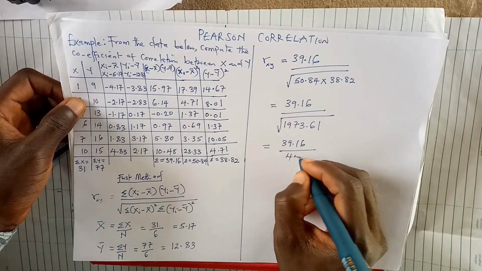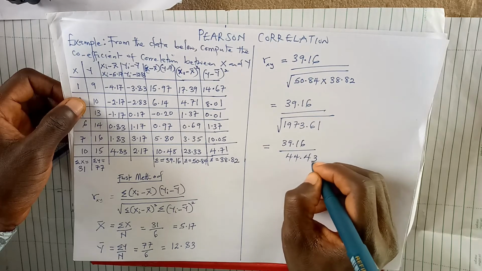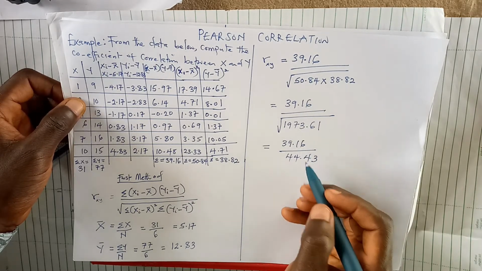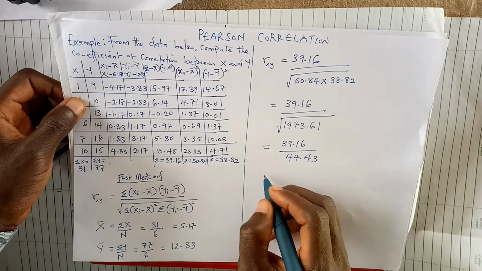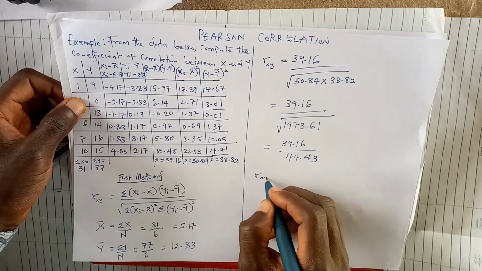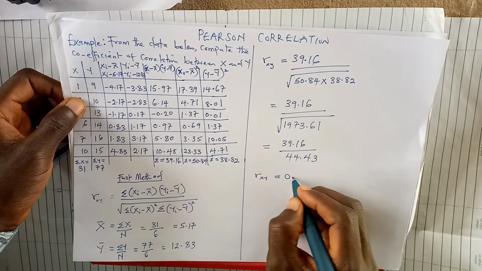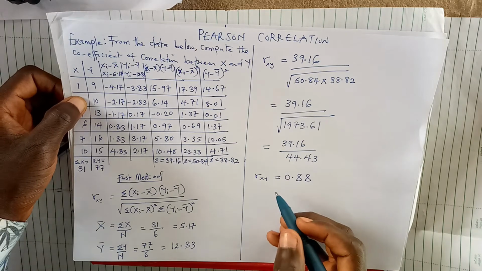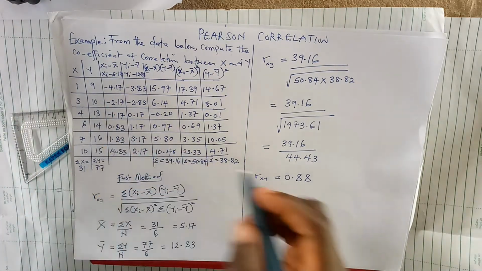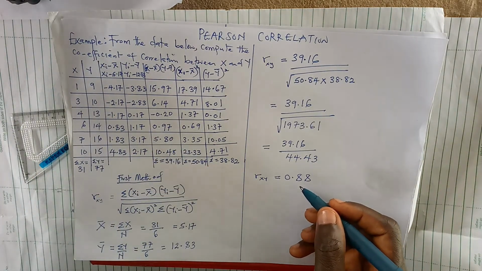That will give us 44.43. So dividing 39.16 by this, definitely we're going to have our r of x and y, which will give us 0.88. Now our value, the relationship between x and y, is positive 0.88.